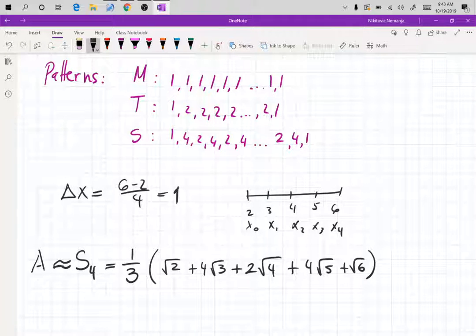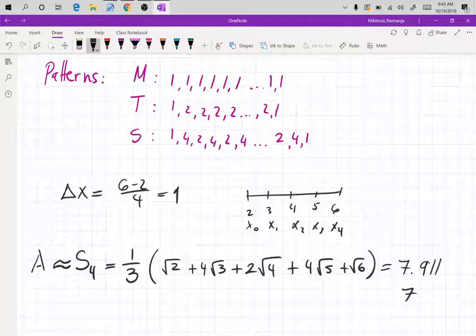Plus 4 root 5. And plus root 6. And that gives me 7.911, which is again that 7.9 that we are looking for.